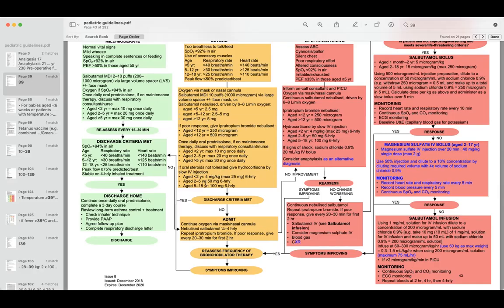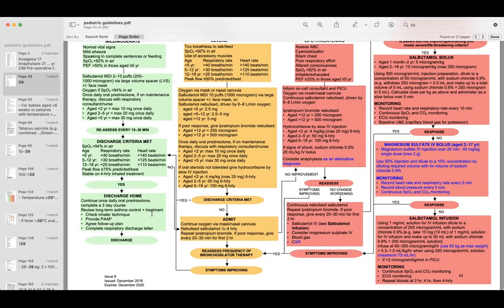If still not improving, if discharge criteria is not met, then I will admit him and give him oxygen, and then prepare for salbutamol nebulization every 15 minutes for 4 hours, and ipratropium every 30 minutes for the first 2 hours. If he is still not responding, I will follow the life-threatening criteria. If his discharge criteria is met, I will discharge home. Okay, I got it now.